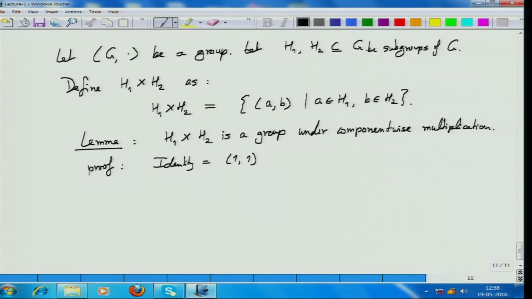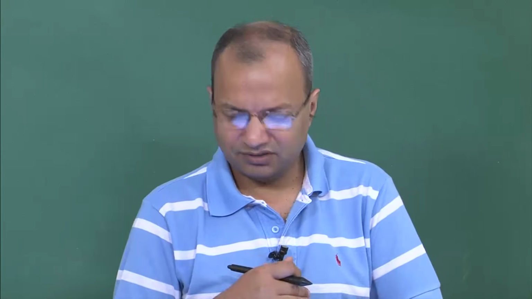Everything is just borrowed from H1, H2, and clearly therefore this is a group. This in itself doesn't tell us something very interesting, just that we have seen a way of creating a new group from two given groups using this direct product.